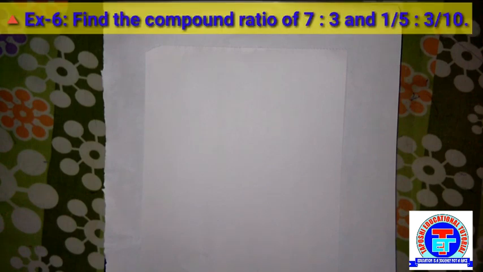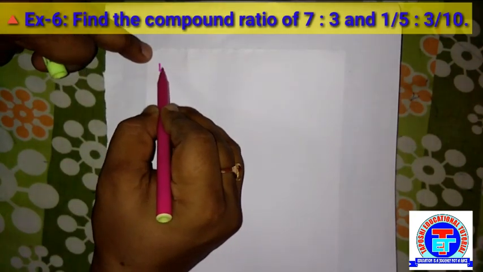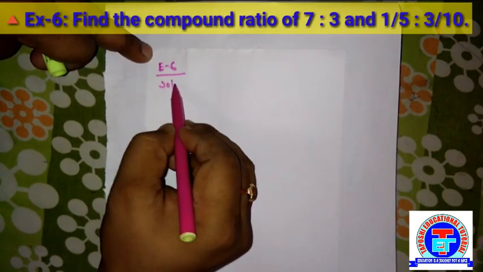Okay. Now try to understand it better with the given example. Here a problem is there. Find the compound ratio of 7 is to 3 and 1 by 5 is to 3 by 10. Right. So let's find out the solution. Problem number 6, and solution here.